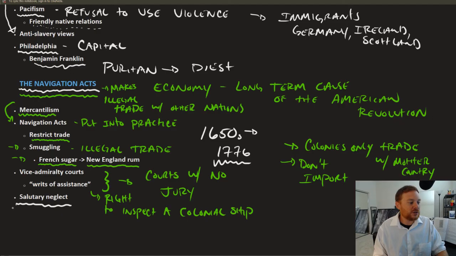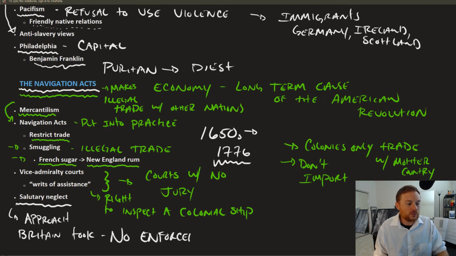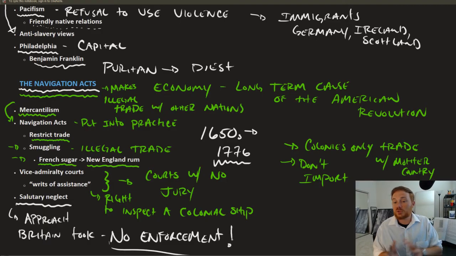Salutary neglect is the approach Britain took. That is, no enforcement of the law. And that becomes a problem because when the 1770s roll around, the British are going to start enforcing this law, and that creates a lot more problems, which lead to the immediate outbreak of the American Revolutionary War.